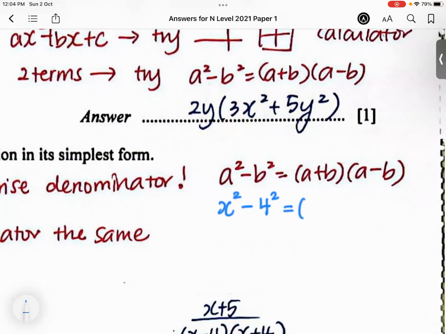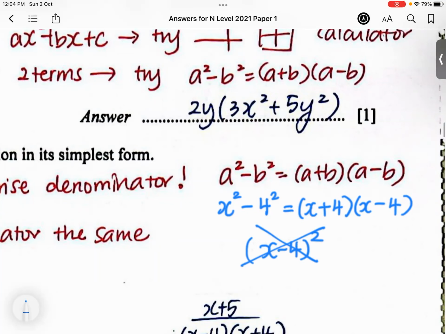So in this case, it can be factorized as x plus 4, x minus 4. Please do not mistake it with x minus 4 whole thing squared. This is not equal to x minus 4 whole thing squared. This is wrong. Okay, 2 sides, 1 plus 1 minus.